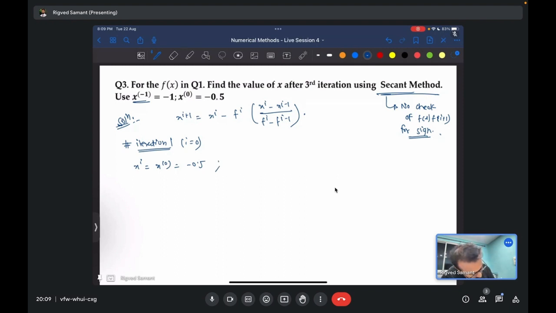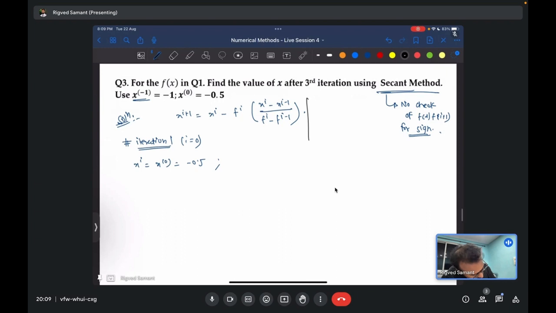So why I wrote it like this, because your Regula-Falsi is xl minus fl, right? And xl minus xr divided by fl minus fr. So if you substitute l with i, and r with i minus 1, you will get this.